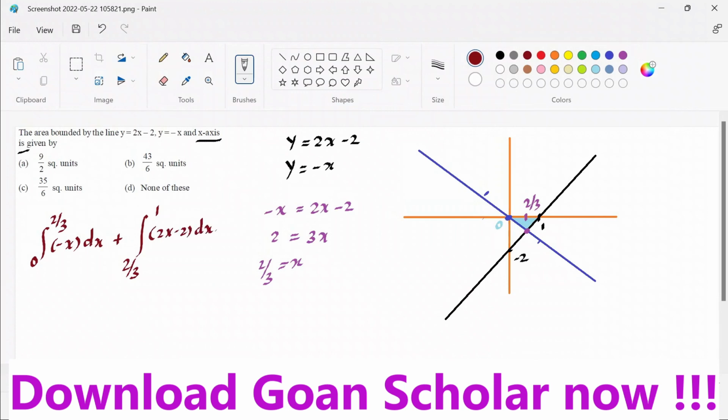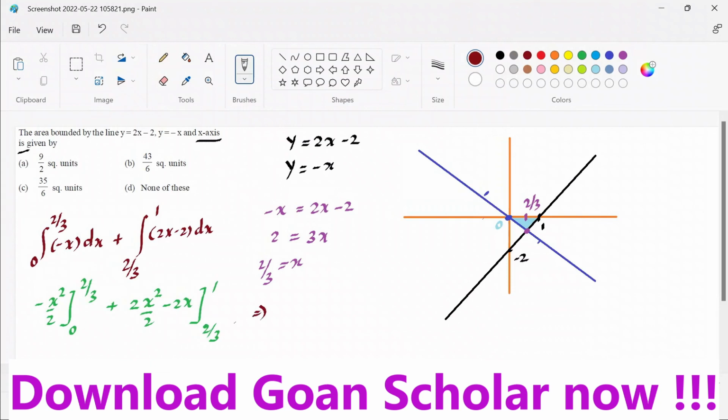Now the integration of minus x square by 2 from 0 to 2 by 3, plus this will give me 2x square by 2 minus 2x from 2 by 3 to 1. I hope this is clear to all of you. Now let's substitute these values.